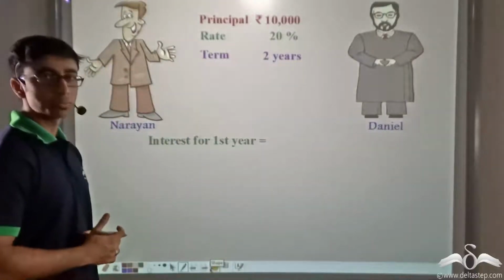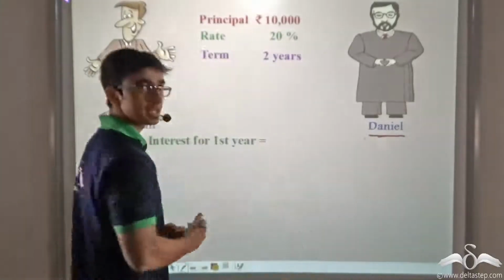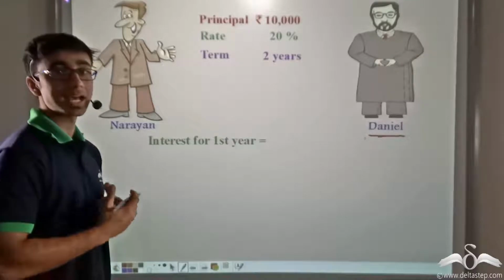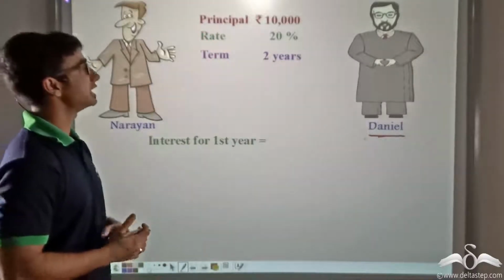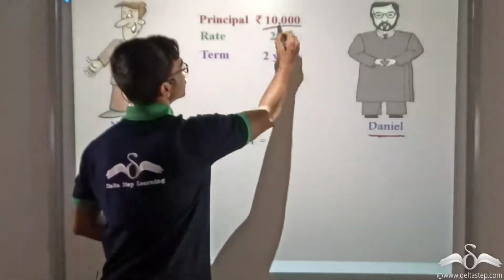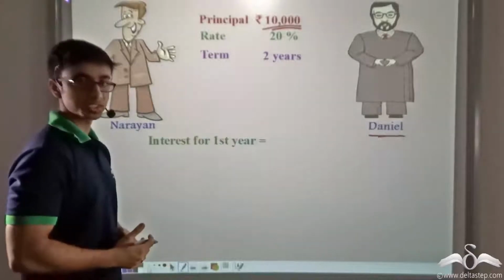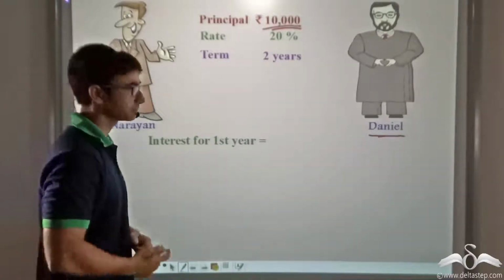So now another borrower comes to him. He is Daniel. Now Narayan had learnt his lesson about charging interest on interest and how he can earn more money. So here Daniel is borrowing a sum of 10,000 rupees at the rate of 20% for 2 years. So let us calculate what the interest for first year will be.